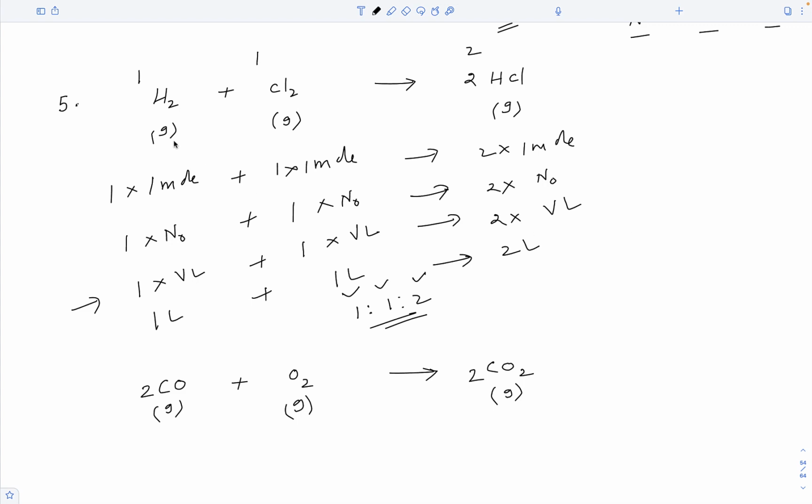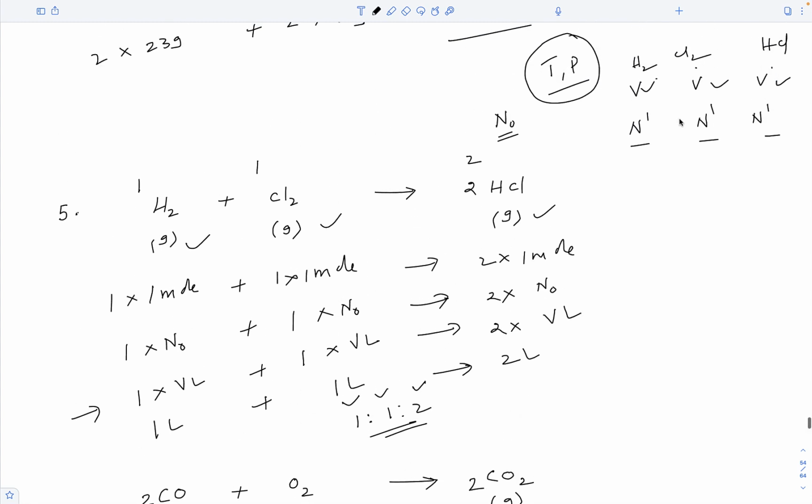So just by looking at this equation, we can tell 1 liter of hydrogen combines with 1 liter of chlorine to produce 2 liters of hydrogen chloride gas, because all these are gases. Remember, this rule is applicable only to gaseous reactants and gaseous products, not for solids or liquids, because Avogadro's law is applicable only to gases.